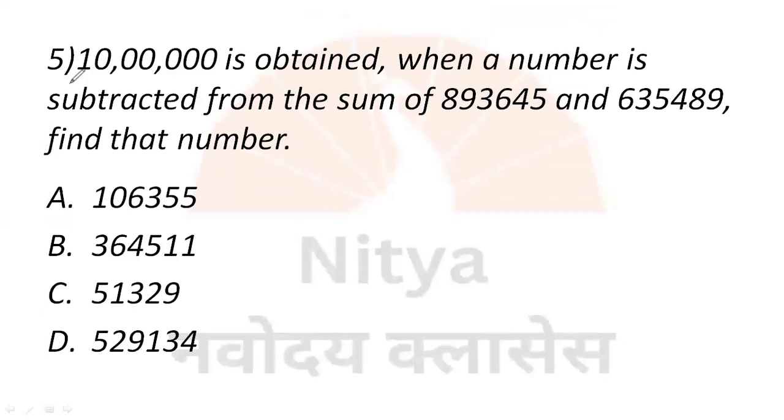Fifth. 10 lakh is obtained when a number is subtracted from the sum of 8,93,645 and 6,35,489. Find the number. So we have to find the number. Okay. So see here, 10 lakh is obtained when a number is subtracted from this sum.